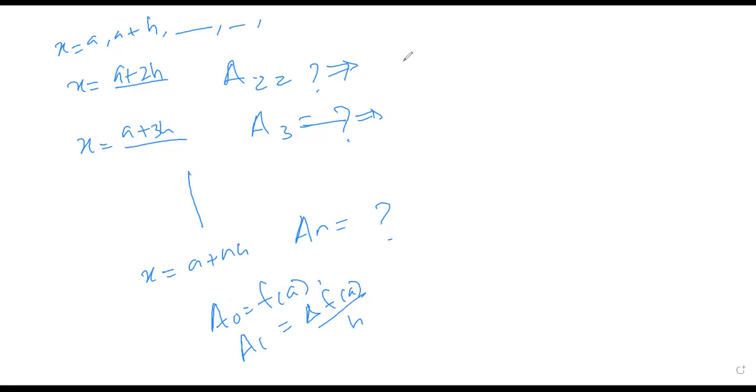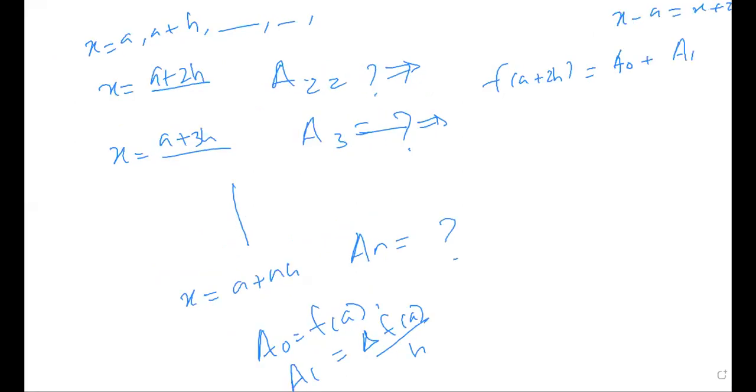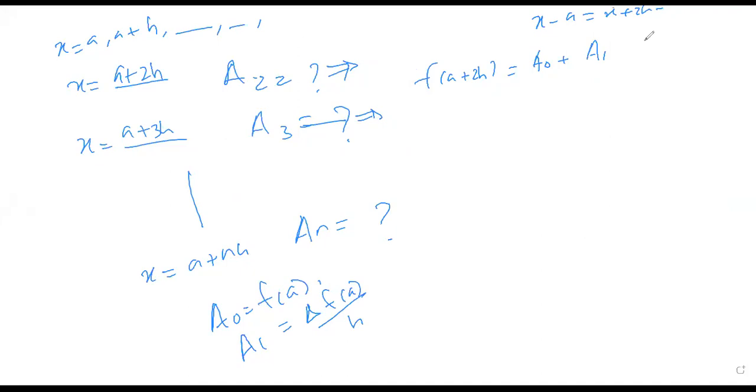A2 will be, if you put x equal to a plus 2h, okay, so the balance will be, give me a second. So you can say f of a plus 2h, which is equal to a naught, will become again a1 times x minus a. For the x minus a, if I put a plus 2h minus a, a cancels out, we have 2h.